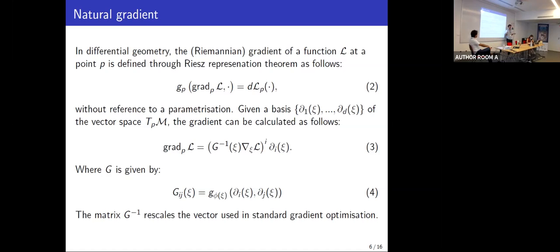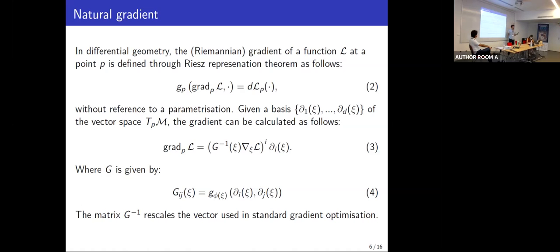In the context of the natural gradient, this inner product is often the Fisher metric, but actually in our context, it doesn't matter which Riemannian metric you choose, so I'm leaving that a bit more open. This is how the gradient is defined. Note that there is no reference to any parametrization in this definition.